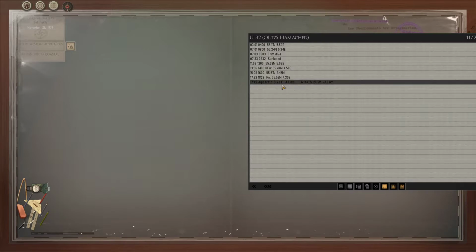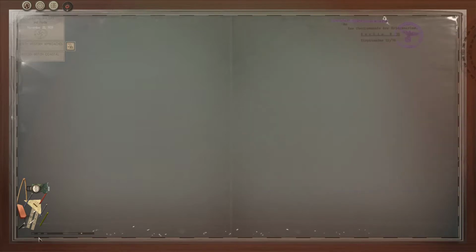So I use my protractor, get it straight, and make the line pretty long, because we'll need some kind of a vertical there later on.